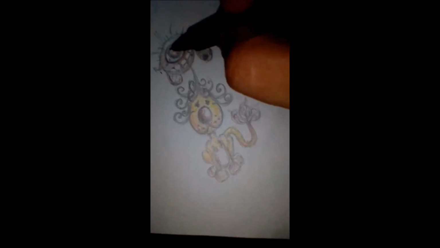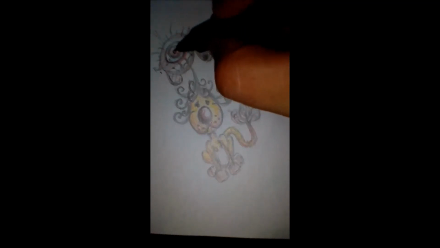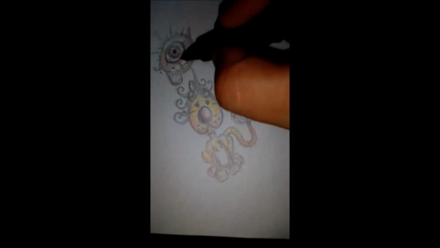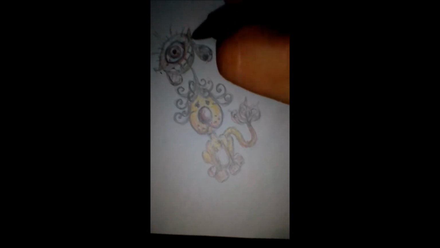And all those pencils that you saw were worth 20 pesos. 20 pesos is $1. You have no pretext for not trying to do that. I mean, check that eye, please. I love to draw eyes, okay?